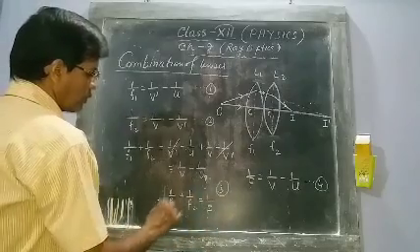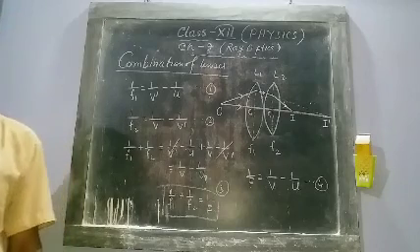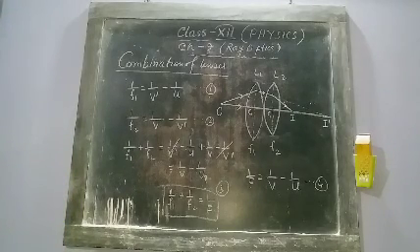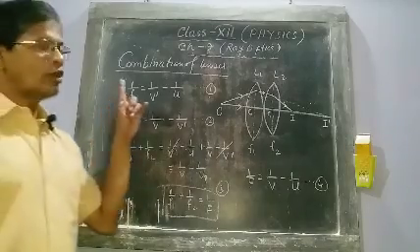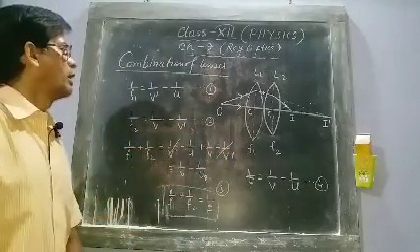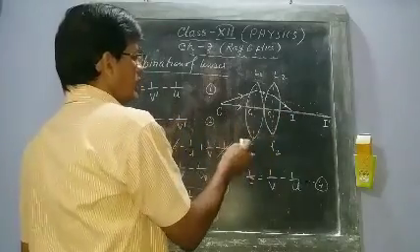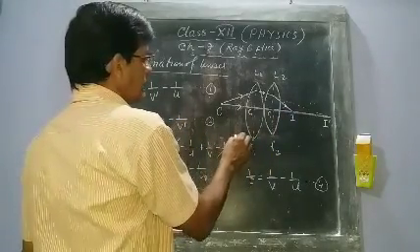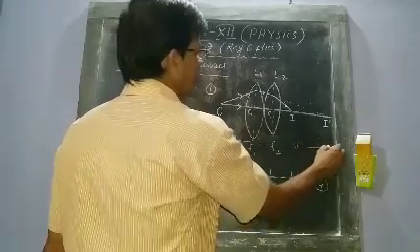This is the combination of lenses. For the first lens, this is the object and this is the image, u and v dash.